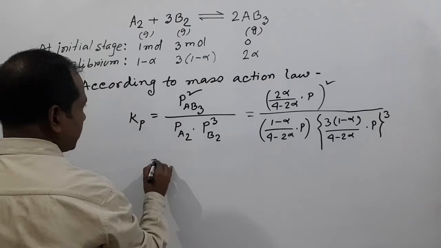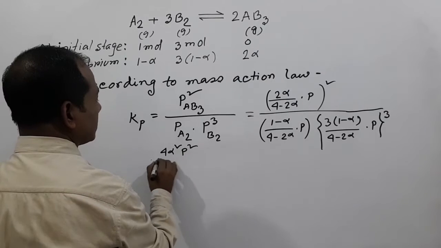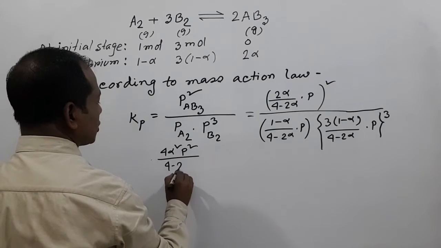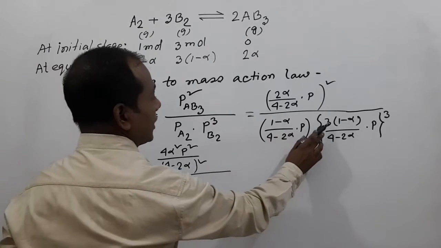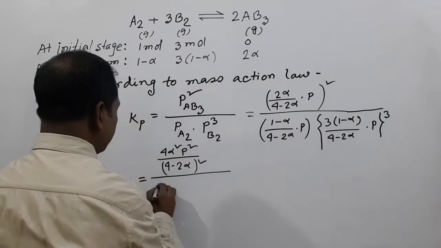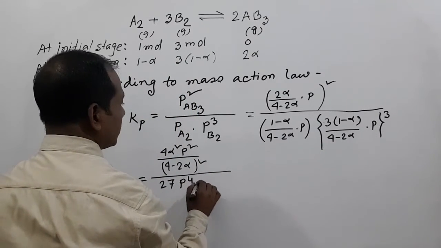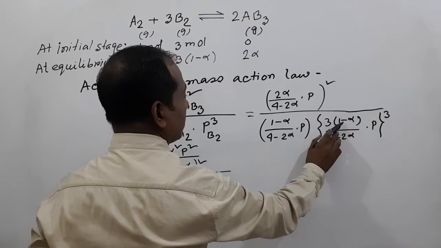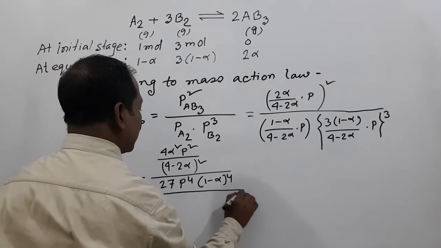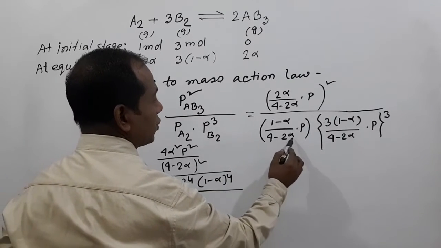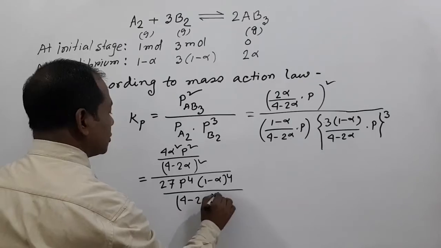Now we get 4 alpha squared P squared divided by (4 minus 2 alpha) whole squared, divided by 27 P cubed into P, that means P to the power 4, and (1 minus alpha) whole cubed into (1 minus alpha), that means (1 minus alpha) to the power 4, and (4 minus 2 alpha) into (4 minus 2 alpha) cubed, that means (4 minus 2 alpha) to the power 4.